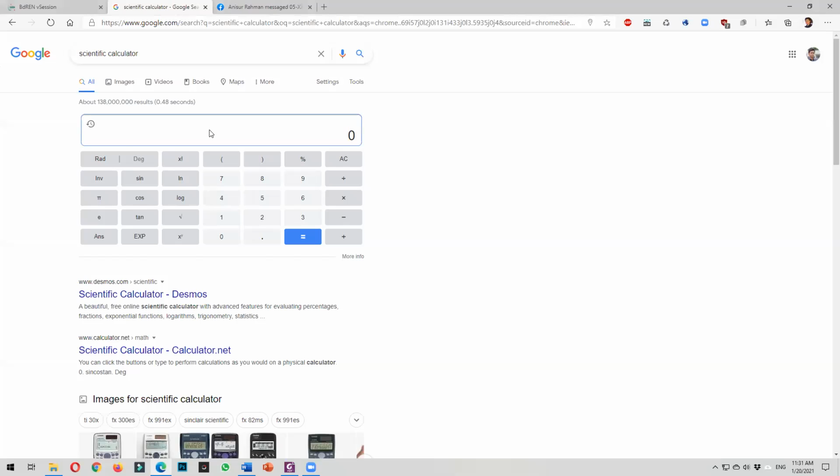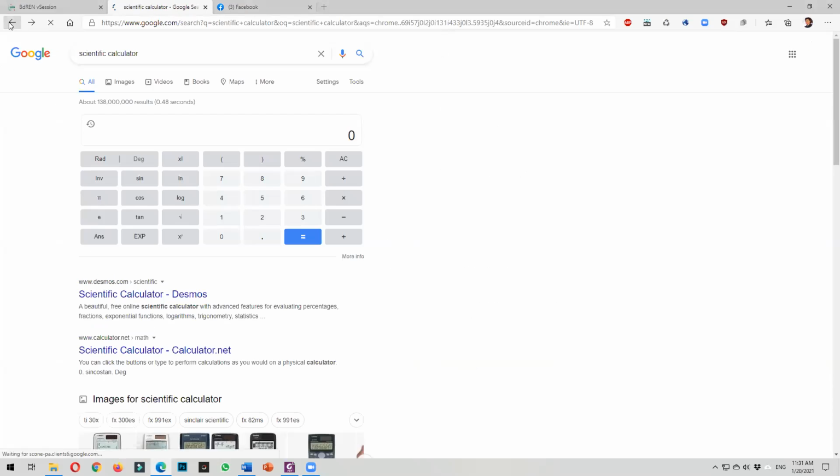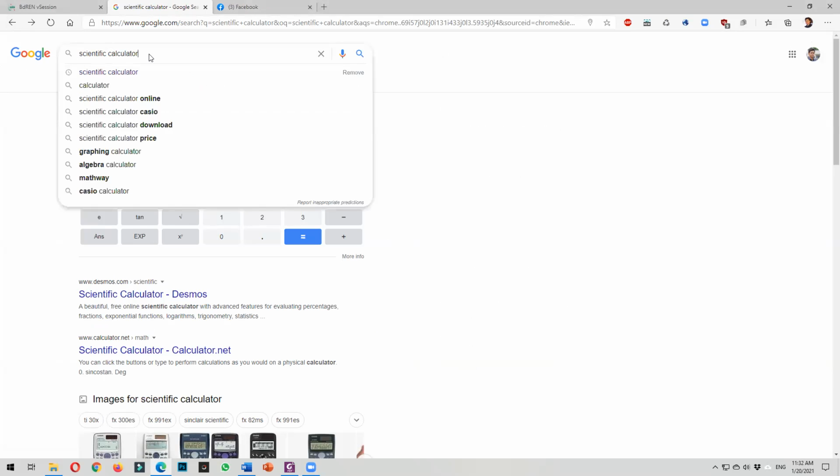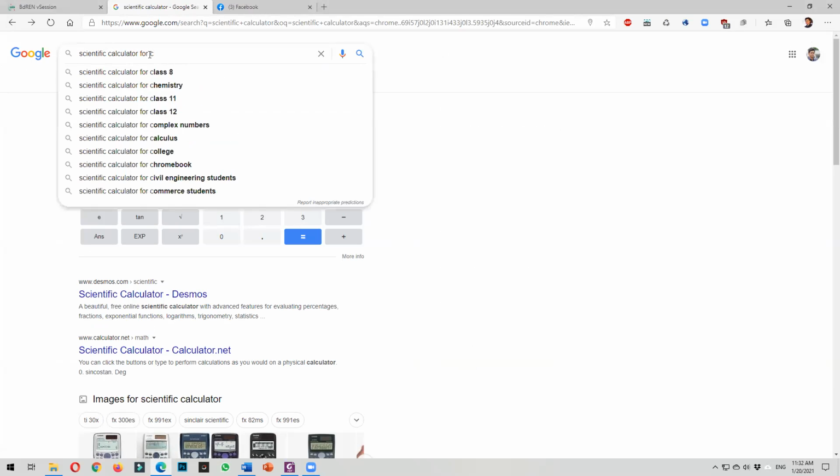This is the scientific calculator. So where are the values? Where is I? For complex.